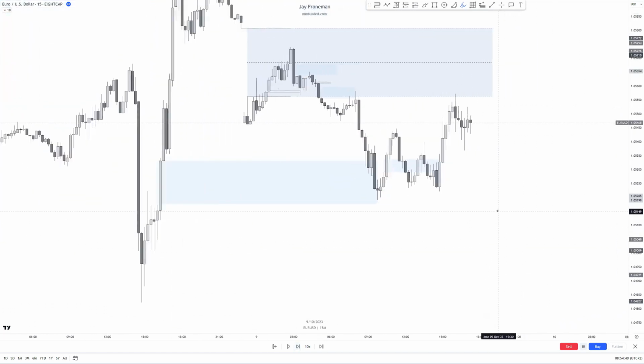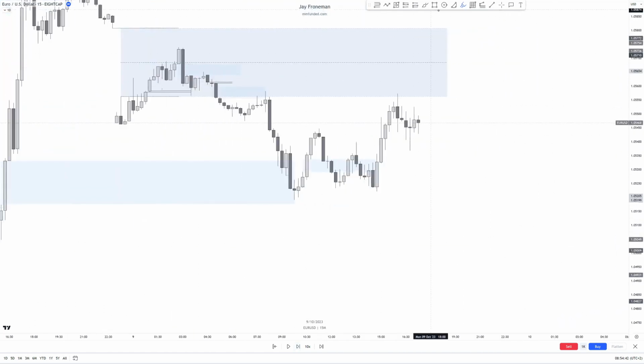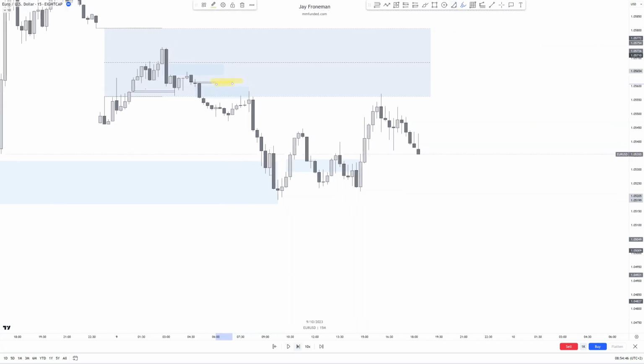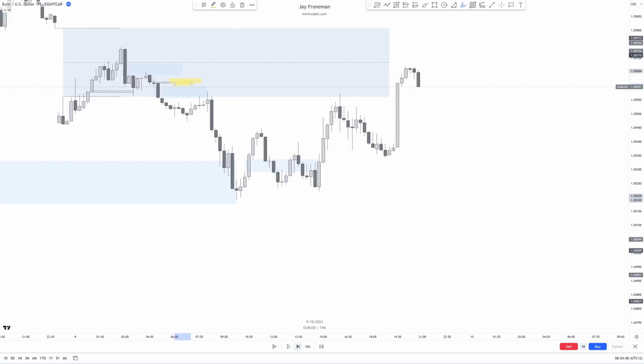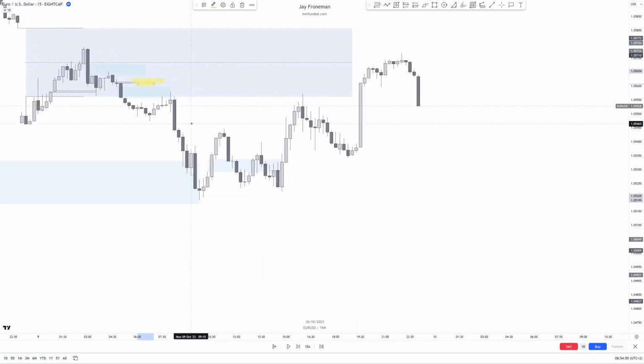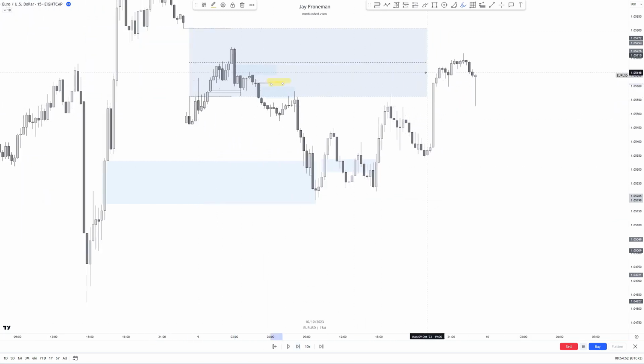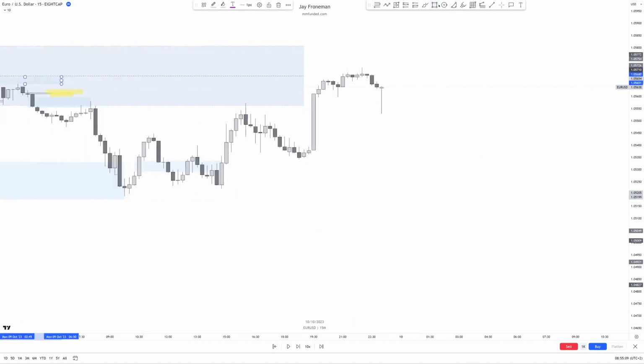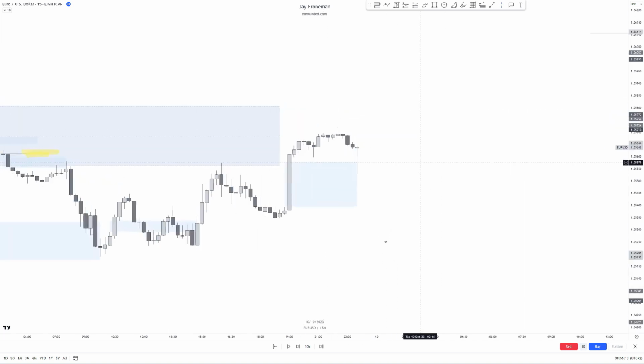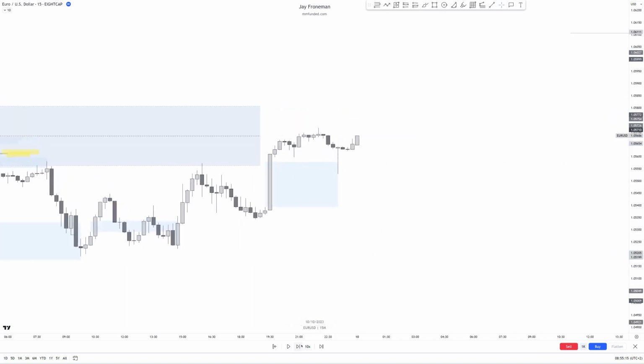Price continuing in the expectational direction from there to potentially fulfill these older areas of volume imbalance. Okay, and price has now fulfilled that volume imbalance. Price busy reacting off of this older fair value gap over here. So we can expect price to continue reacting off this larger fair value gap to continue higher.